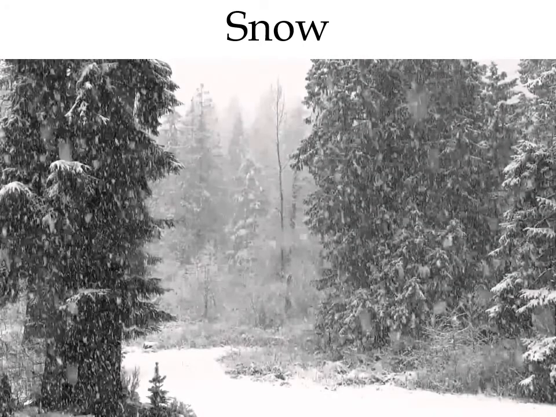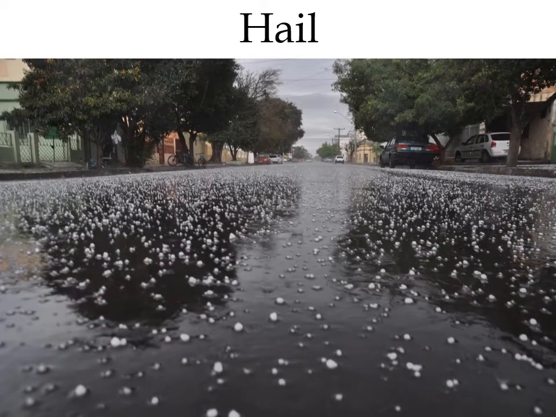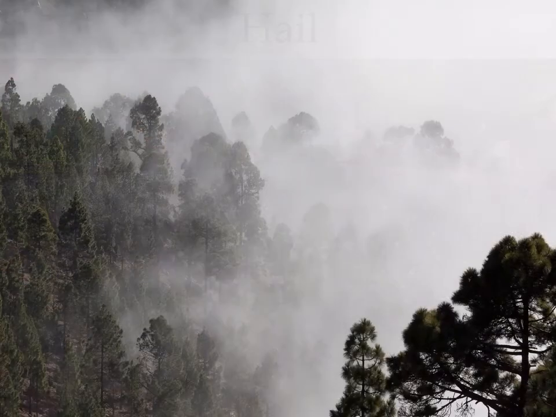If they cool down quickly, instead of becoming water, they can freeze and create snowflakes. So small ice crystals that join together and fall to the earth in the shape of snow. If they cool down even quicker, they create balls of ice that fall to the earth in the shape of hail.